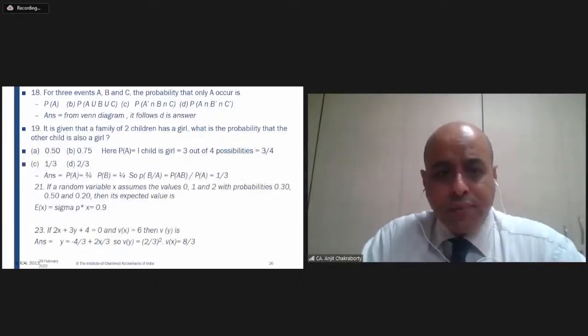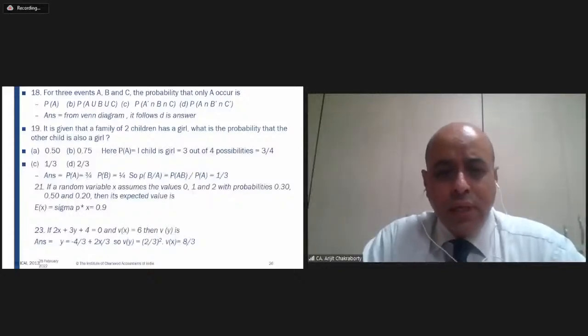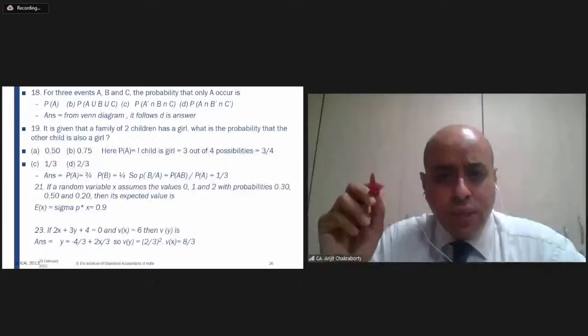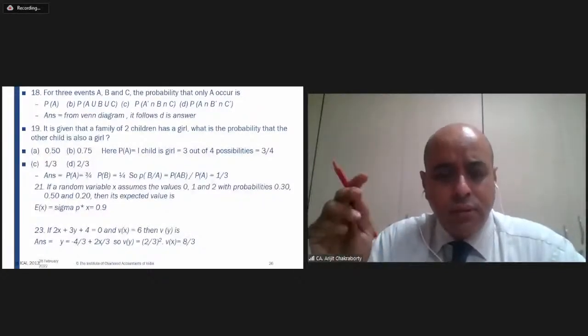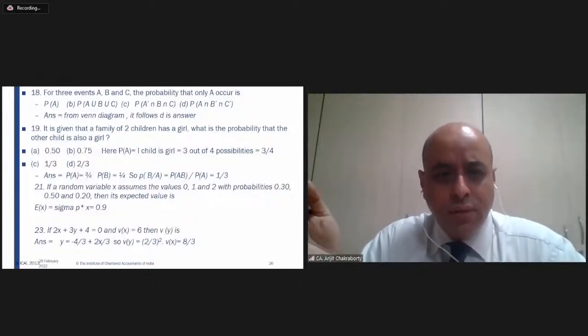Now the question is, what is the probability that the other child is also a girl? So this is a question of conditional probability. The probability that one child is a girl is 3/4.